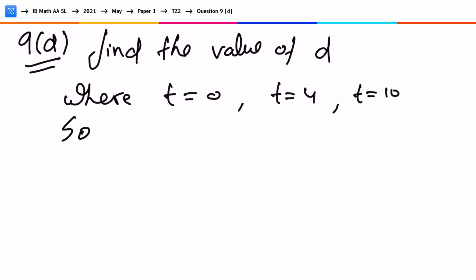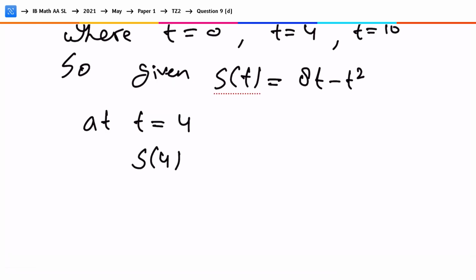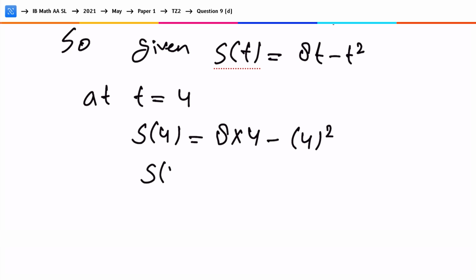So, given that the function s of t is equal to 8t minus t squared, when t equals 4, s of 4 is equal to 8 multiplied by 4 minus 4 to the power of 2. This simplifies to s of 4 equals 32 minus 16. Therefore, s of 4 equals 16.